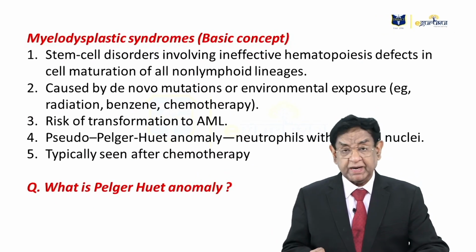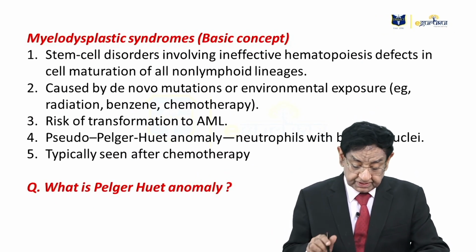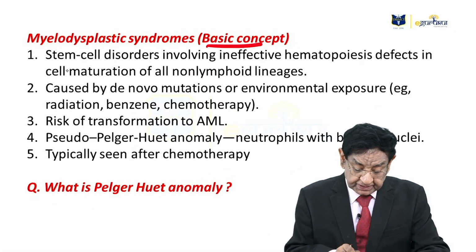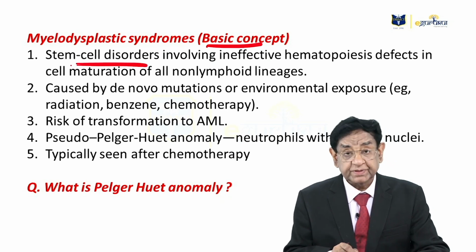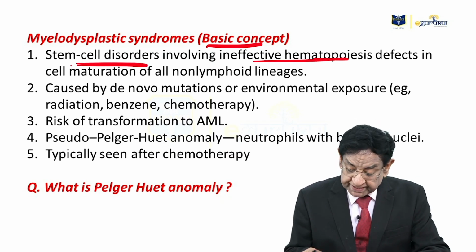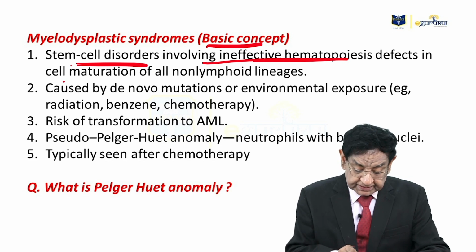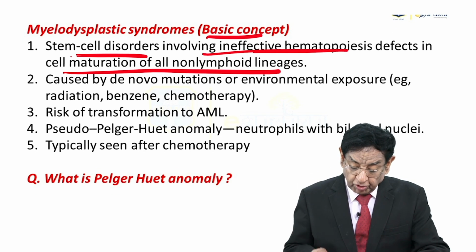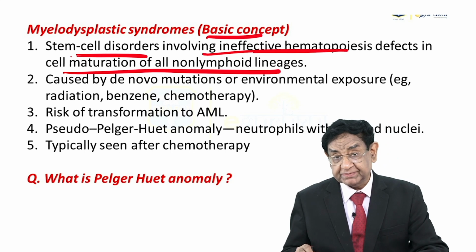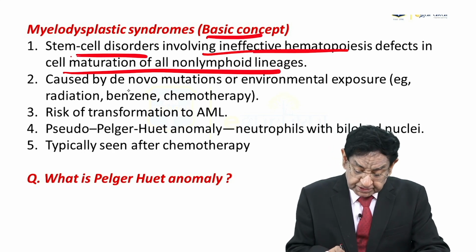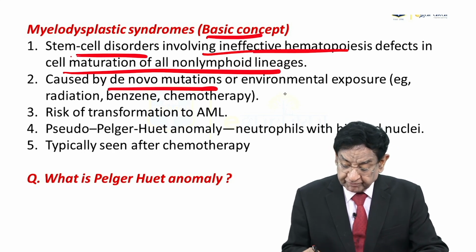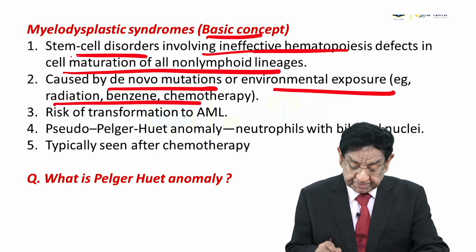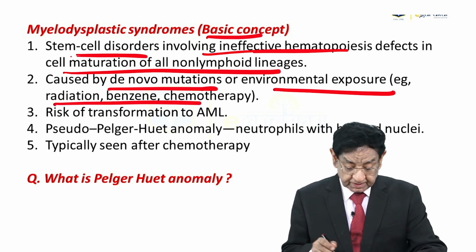Let's learn more about myelodysplastic syndrome. Some basic concepts: it is a stem cell disorder involving ineffective hematopoiesis and impaired cell maturation of all non-lymphoid lineages. This is due to de novo mutation or environmental exposure, especially radiation, benzene, and chemotherapy.